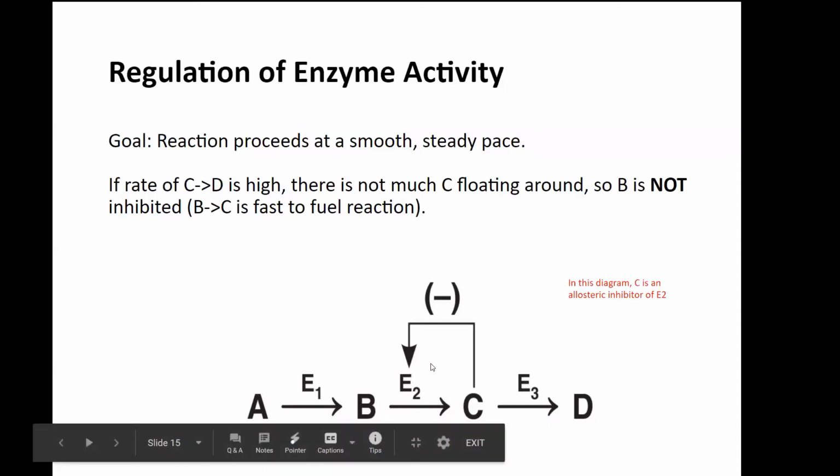It's going to kind of turn it off. It's going to lower its affinity for B, which is going to slow down this step, which means then we have time to use up the C and convert it to D. So in this diagram, C is an allosteric inhibitor of enzyme E2. And our overall goal is to just have this reaction run smoothly.